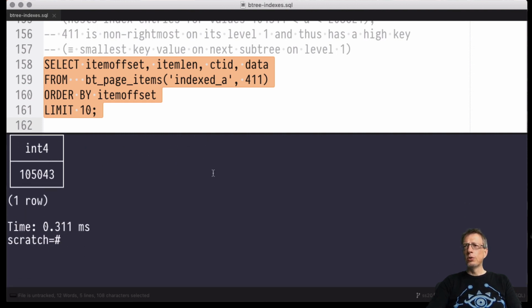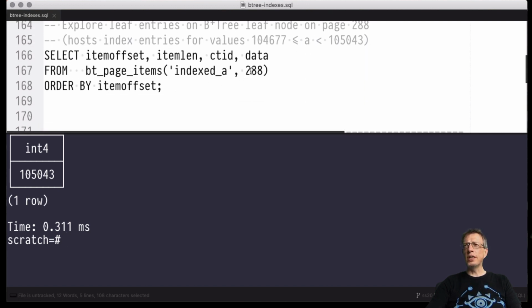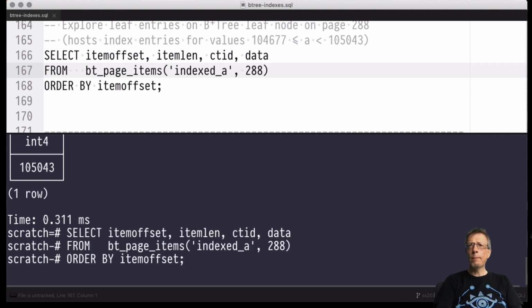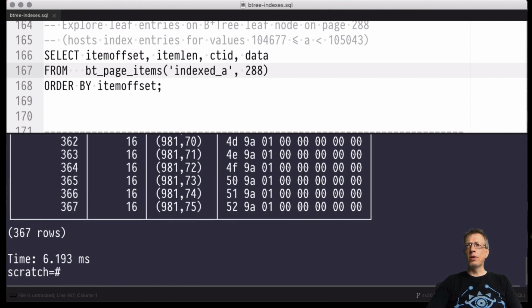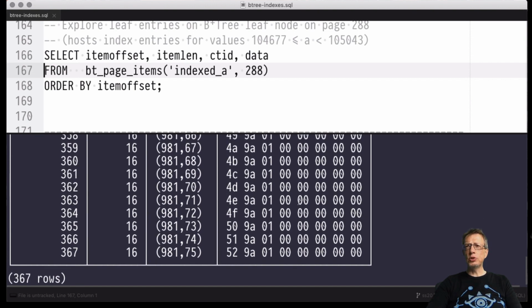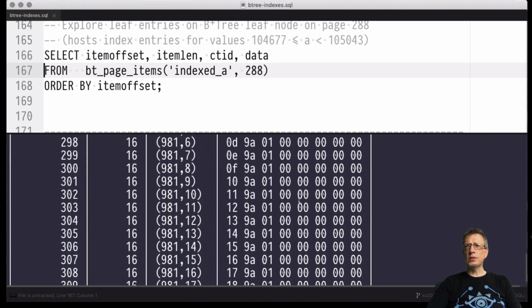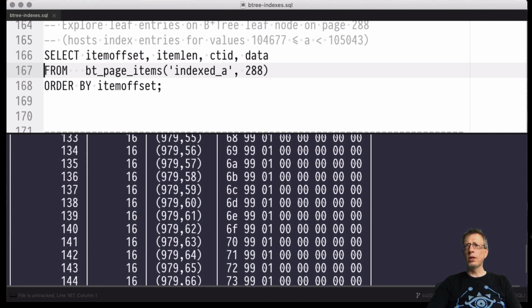So then let's finally descend to the leaf level, 288. This is accessing the leaf node. Okay, and we find 367 entries there. One of these is the high key, so 366 usable entries on this particular leaf node page.